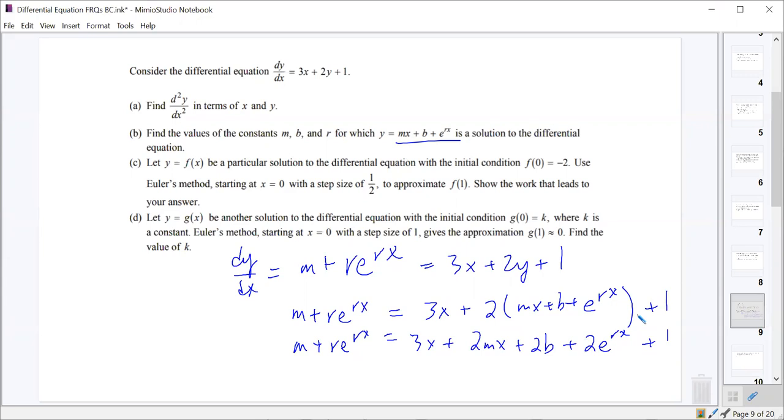So now we're just going to sort of match up what's going on here. We've matched up our different variables.